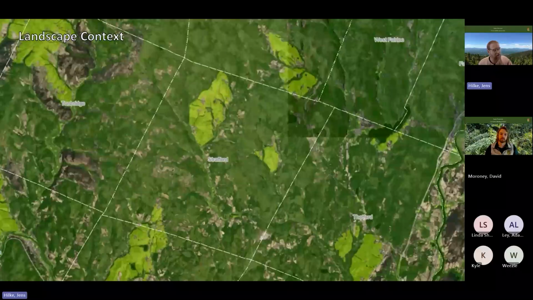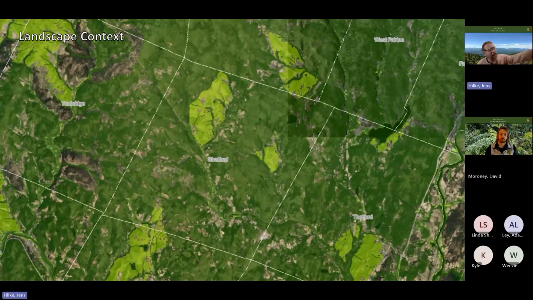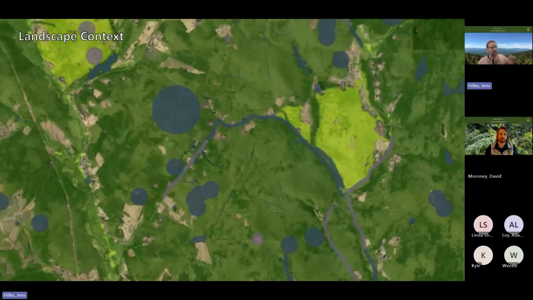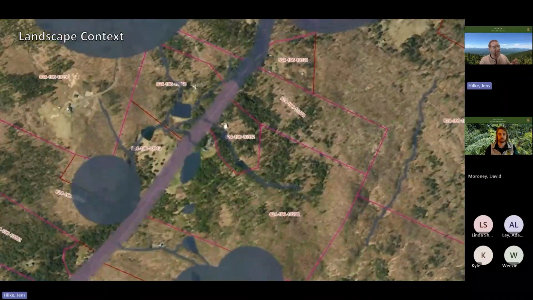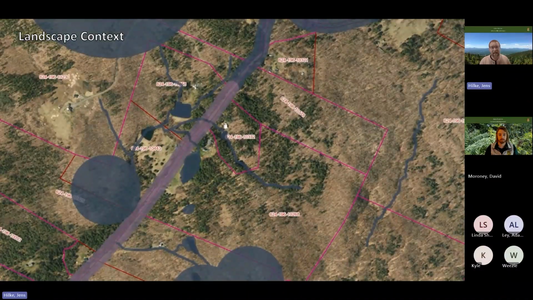And then we can move into a particular town and again, see the pattern, highest priority in dark green and priority in light green. But then we can zoom in even more and begin to see those natural community and species scale components. And then we can zoom into a particular parcel and see how these different components play out on the individual parcel scale.